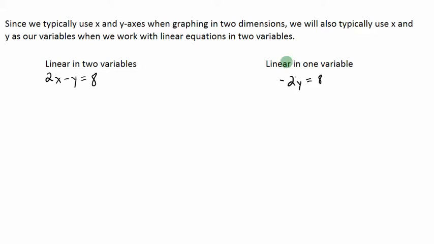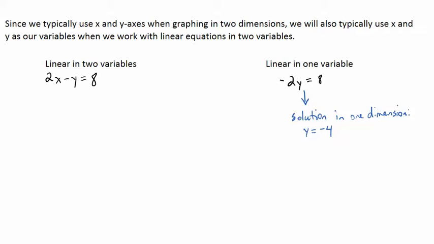If I want to look at a solution to this, a solution in one dimension, that would simply be y equals negative 4. Because if you plug negative 4 in for y, negative 2 times negative 4 is 8, so the equation is true.